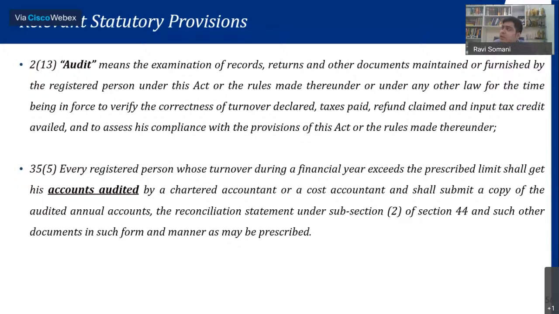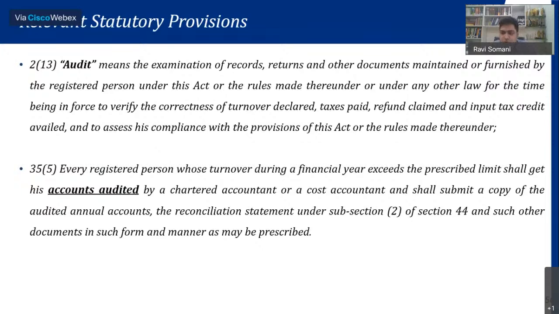Let us say, for example, there is an assessee who doesn't get the books of account audited even while the turnover is 2 crores or 5 crores, and there is no mandatory audit either in the Companies Act because it is not a company, or because they have only a certain category of income under the Income Tax Act which doesn't fall in the audit bracket, and hence the books of accounts are not audited. So it is the auditing of books of accounts which is being contemplated, and that's why the word accounts is very important before the word audited. So he needs to get his accounts audited.